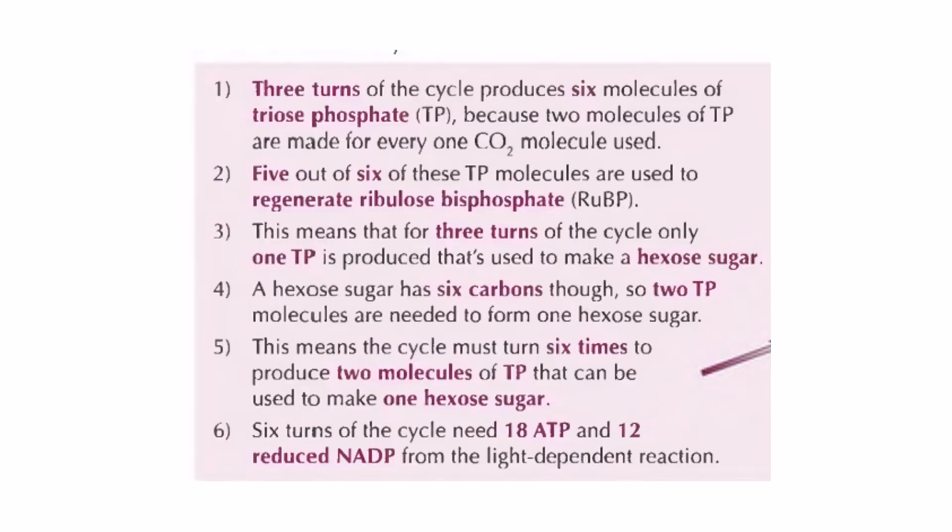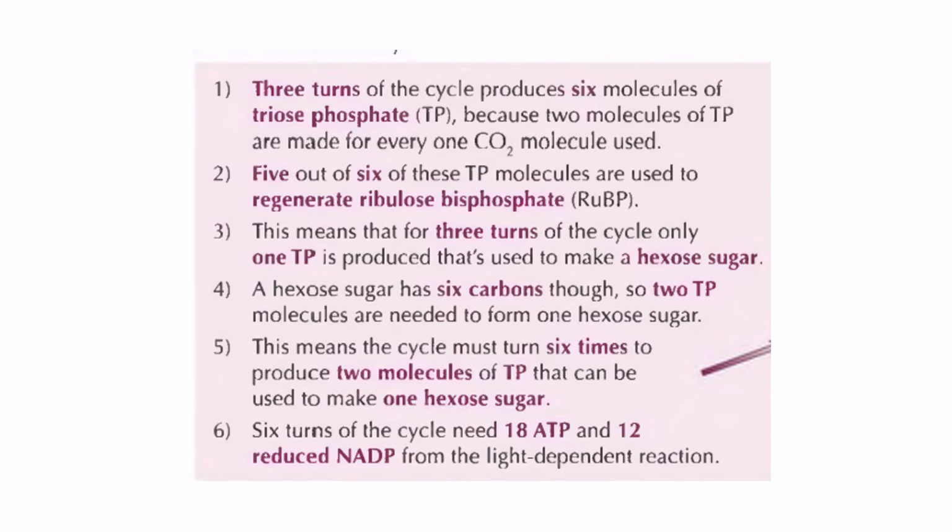So 3 turns of the cycle produce 6 molecules of triose phosphate, because 2 molecules of TP are made for every 1 CO2 molecule. 5 out of the 6 of these TP molecules are used to regenerate ribulose bisphosphate. This means that for 3 turns of the cycle, only 1 TP is produced that's used to make a hexose sugar.